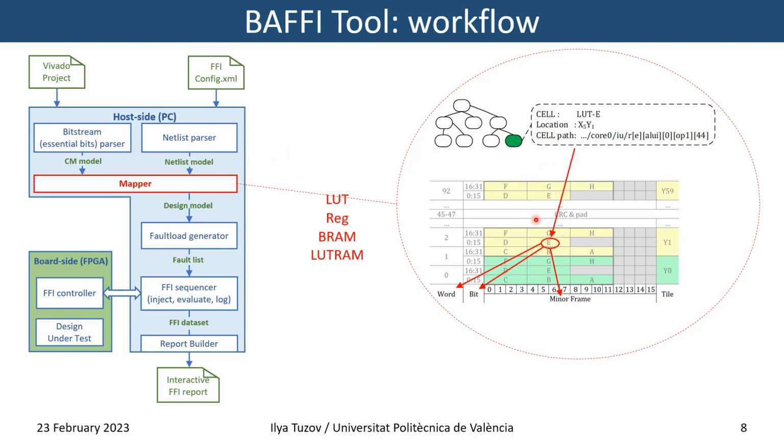In essence, it calculates a set of configuration memory addresses, including frame, word, and bit offset. And this is based on custom mapping rules that we define experimentally for the lookup tables, registers, block RAMs, and LUT RAMs. All the mapping details can be found in our paper.